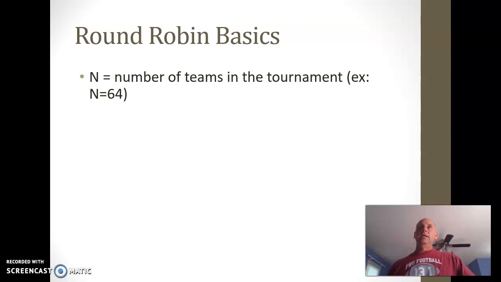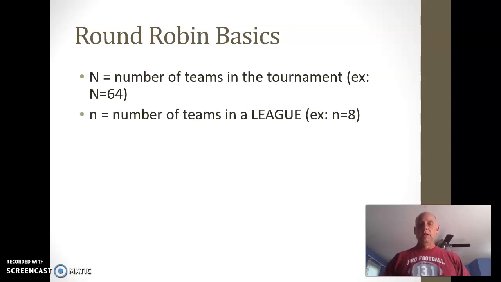Then we know what our N is, and we can use that N to help us determine other factors for scheduling and knowing what we're going to need. So anytime you see an uppercase N in round robin, it is just the number of teams in the tournament.